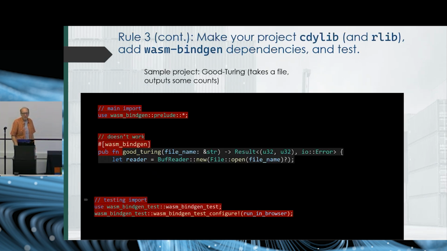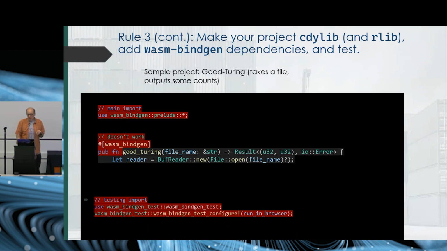We're going to have to change the code a little bit. Any function that you want to make accessible to JavaScript, you should decorate with the wasm_bindgen attribute. So I'm changing projects here. This is a function called good_turing that does some kind of statistical analysis on the text of a file.